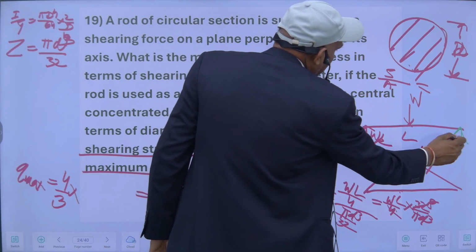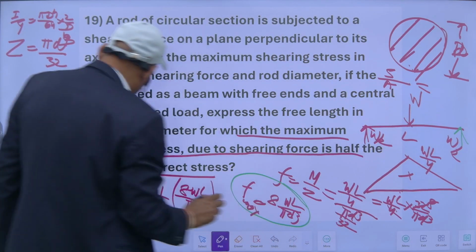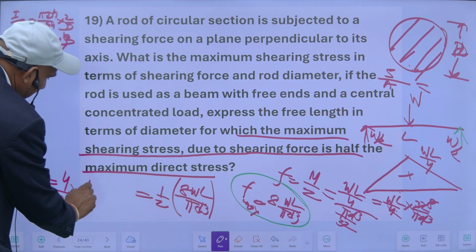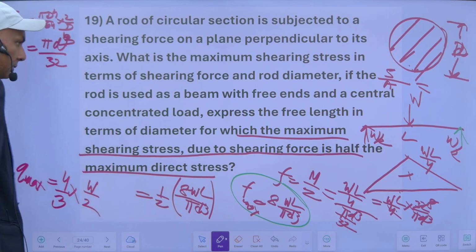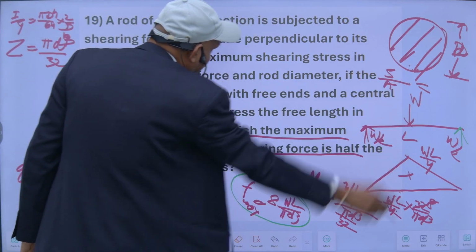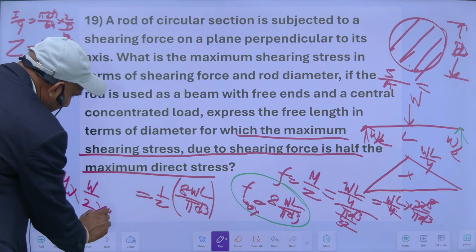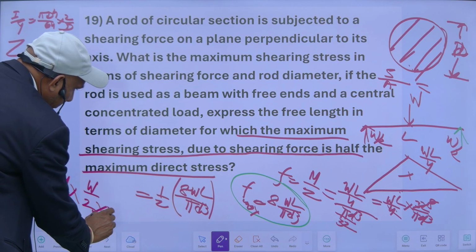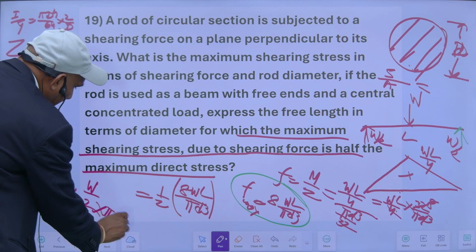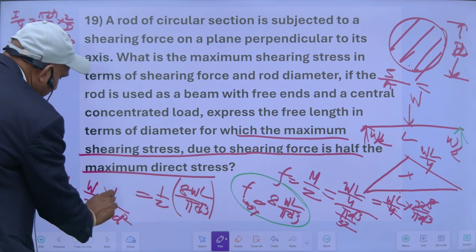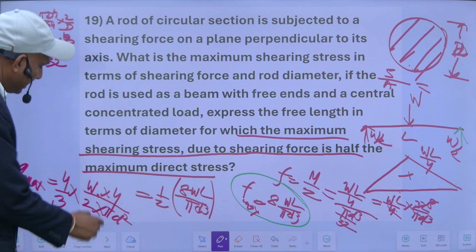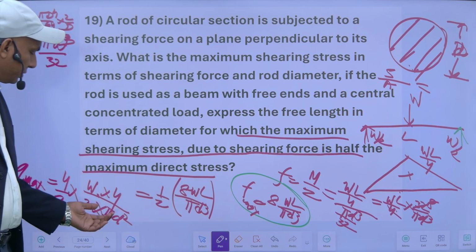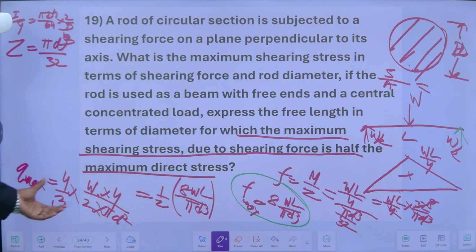So the shear force W by 2 is divided by the cross section area. The cross section of the circular bar is pi d square by 4. So 4 by 3 times q average, W by 2 divided by pi d square upon 4, will give q max.